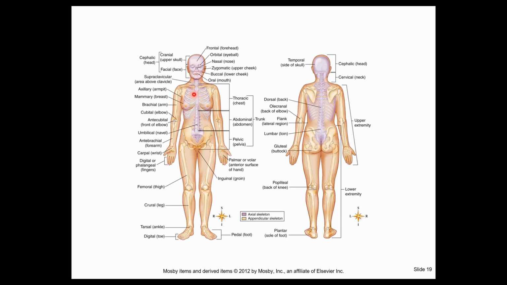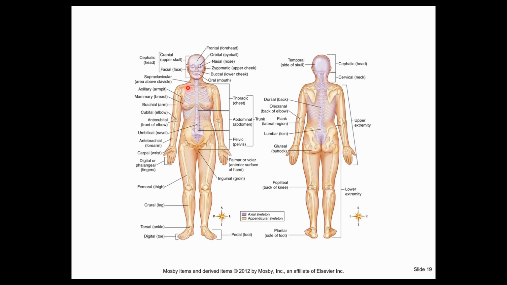The skull, ribs, and vertebrae form the axial skeleton, and then the rest of the bones form the appendicular skeleton. As you can see, your upper and lower limbs are connected to the axial skeleton via girdles.